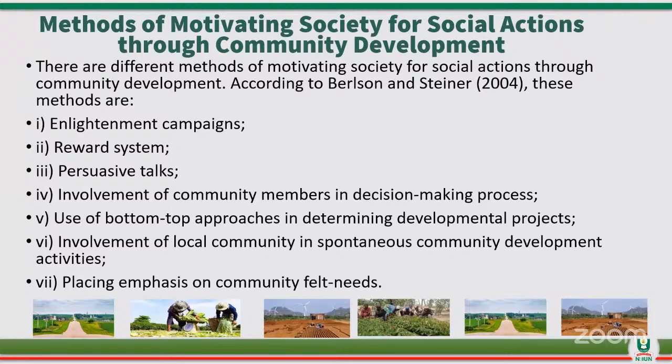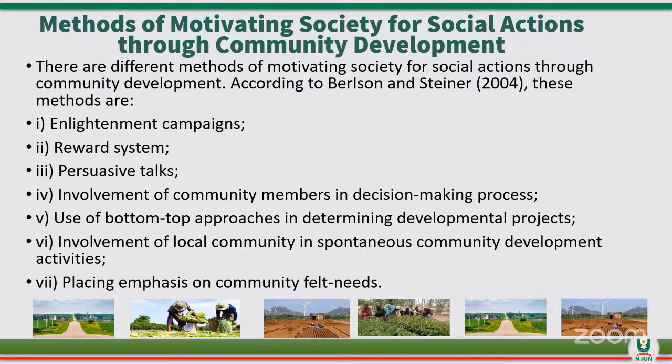And number five is the use of bottom-top approach in determining development projects. Number six is involvement of local community in spontaneous community development activities. Number seven is placing emphasis on community felt needs. Now, these seven methods are quite important in motivating society for social action through community development.